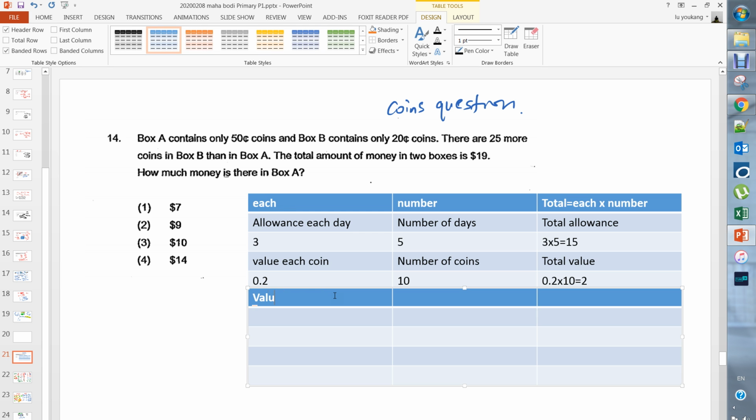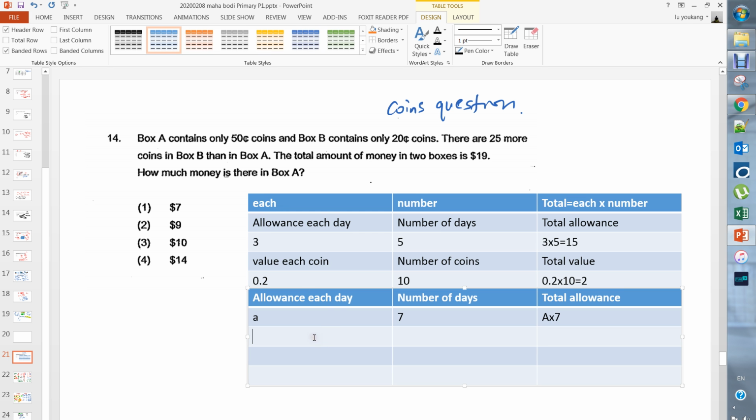Let's play with allowance. Similarly, number of days. Similarly, total allowance. Okay, so allowance each day is A. Number of days, let's say the entire week. So total allowance is, very good, A times 7, right? Good, good.